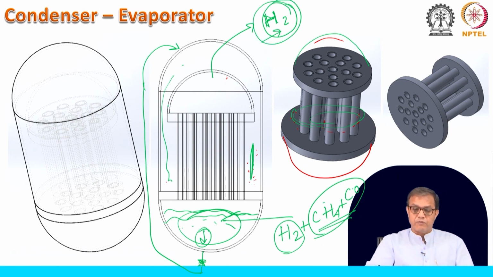So, why was it necessary to have such an elaborate scheme with so many heat exchangers, a 2 stream exchanger, 3 stream exchanger, then 4 stream exchanger in the Lindebrand process, and in the air liquid process, which is much simpler, we still have at least 2-3 stream heat exchangers apart from this condenser evaporator.